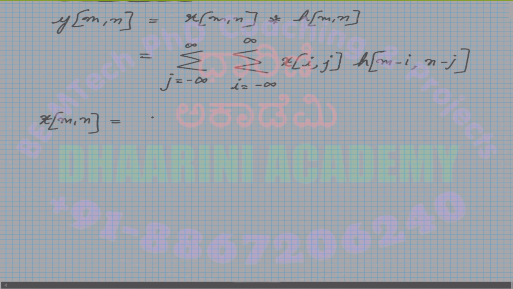This is the first signal, which we try to keep fixed. Let's write it in the matrix form: 1, 2, 3, 4, 1, 2, minus 1, 3, 3, minus 1, 2, 0, 1, 3, minus 1, and 2. So it's a 4 into 4, 4 rows, 4 columns. That's the first function, the first matrix.